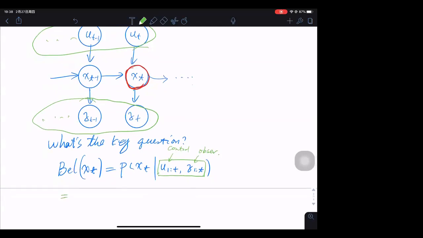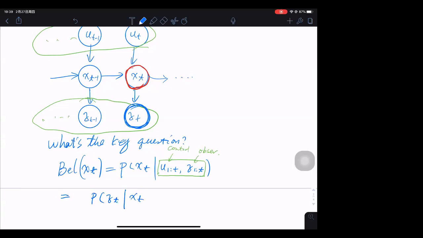And this problem can be solved by what? This is a diagnostic reasoning, so we can change that to a causal reasoning. But we can take out one likelihood, right? How about we look at the relation between xt and zt? We take out this zt, and then we have zt given xt.